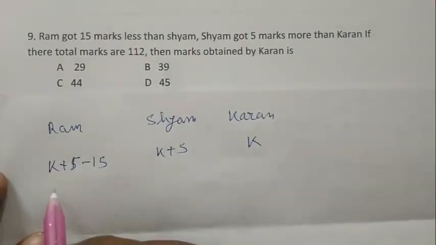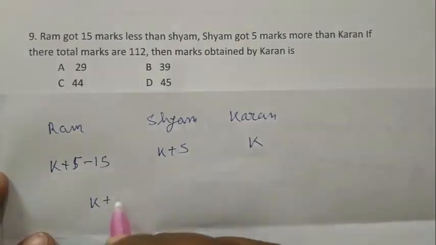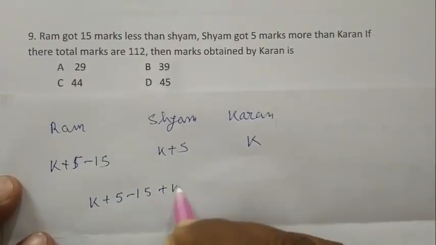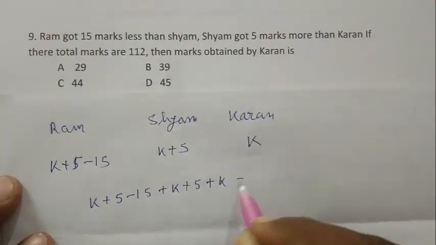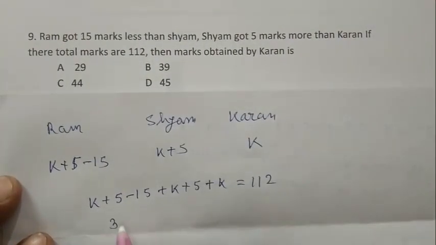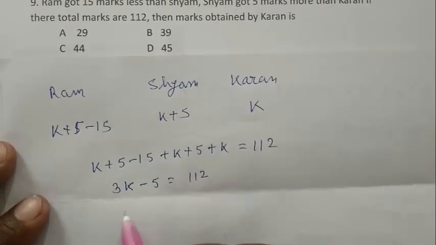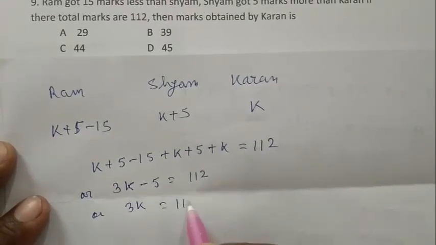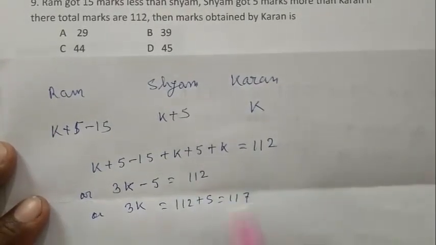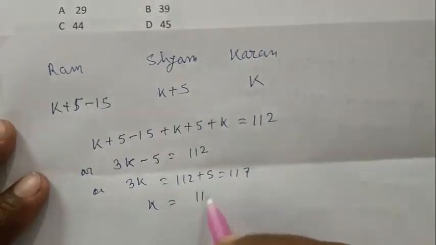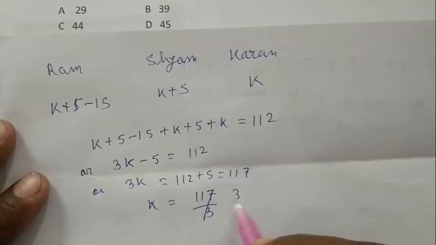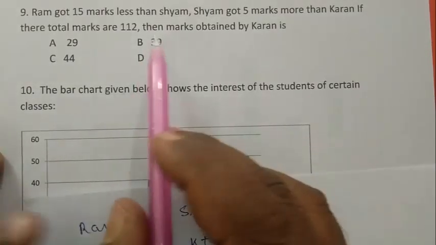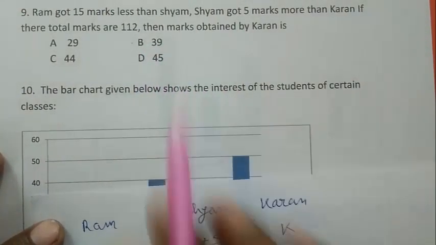So we add all three: k plus 5 minus 15 plus k plus 5 plus k equals 112, or 3k minus 5 equals 112, or 3k equals 112 plus 5, that is 117, or k equals 117 by 3, that is 39. So marks obtained by Karan is 39. B is the right answer.